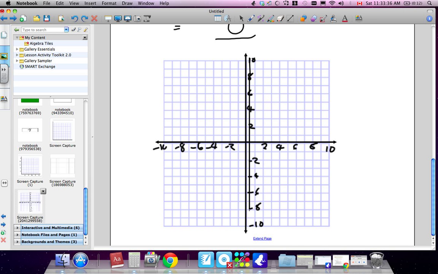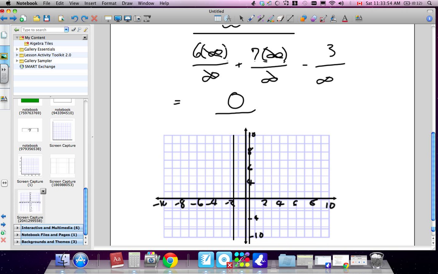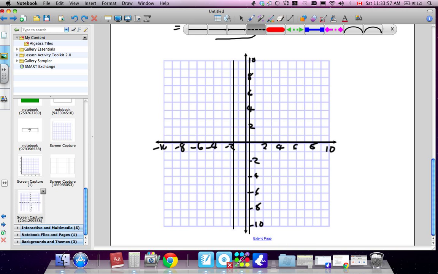And what's the other one? -3 over 2. So that's -1/2, right? So we have our 2 here. And we also had a horizontal asymptote at 0.